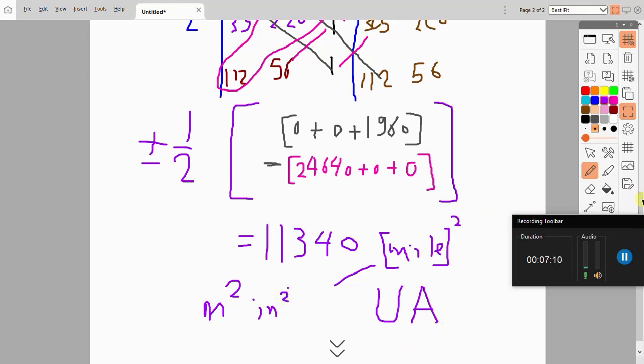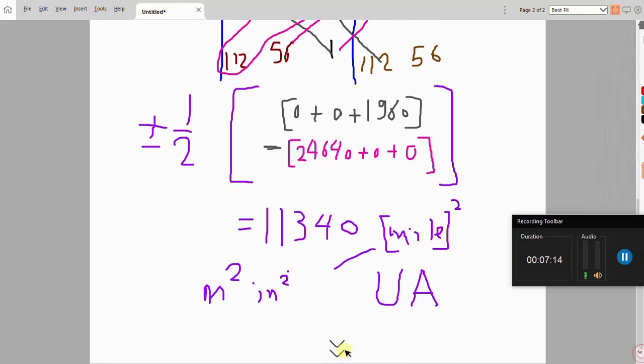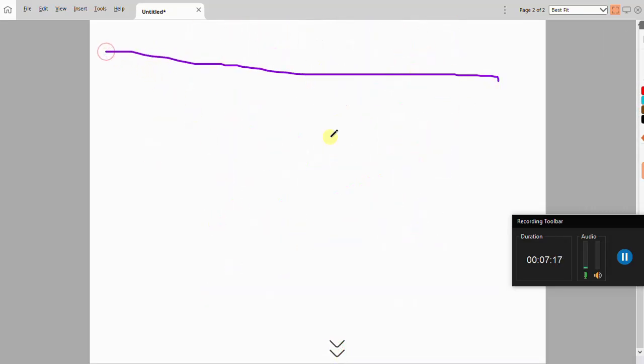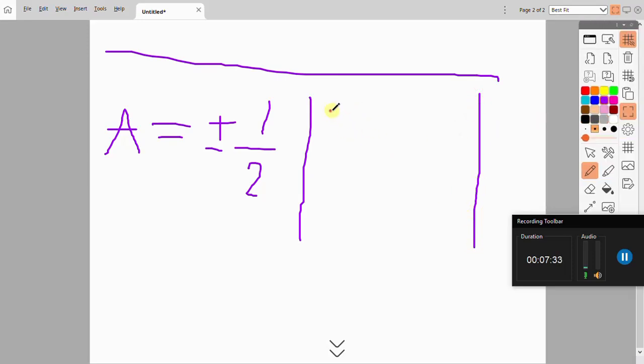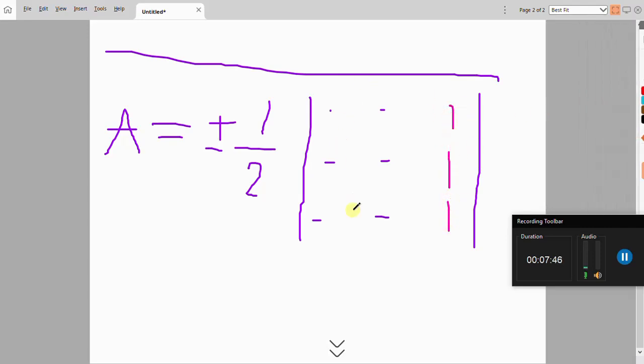So as a revision, we will write down the equation, which is the area equal positive or negative half times a determinant, and in this determinant we will put the first point coordinates, the second point coordinates, the third point coordinates, and in the third column we will write down the unity 1, 1, 1, and evaluate the determinant and multiply the result by half, and of course the area should be positive.